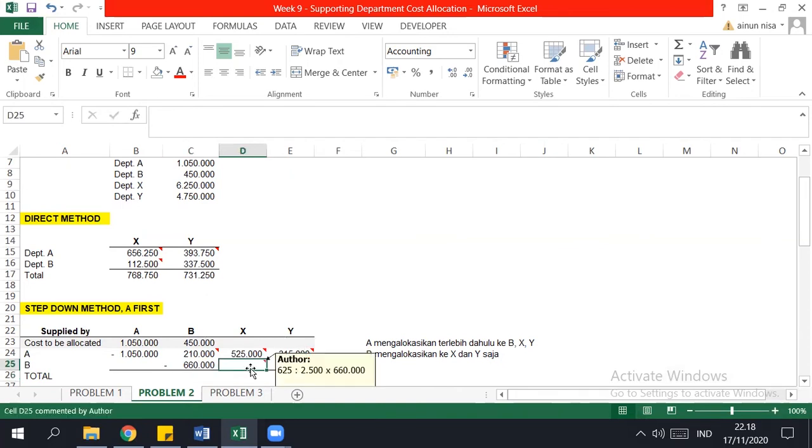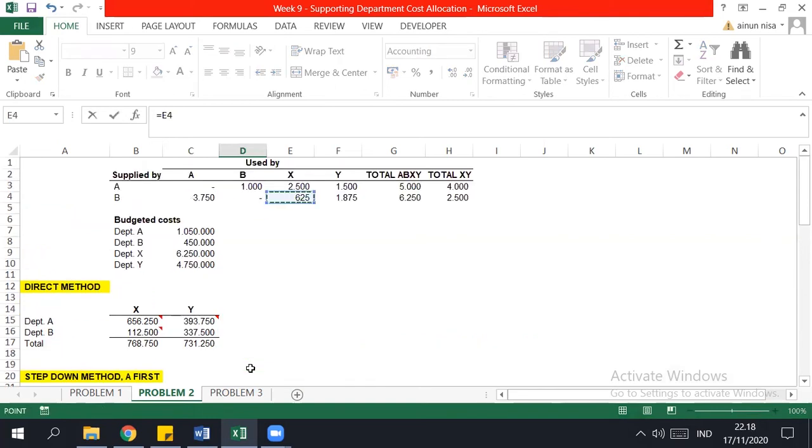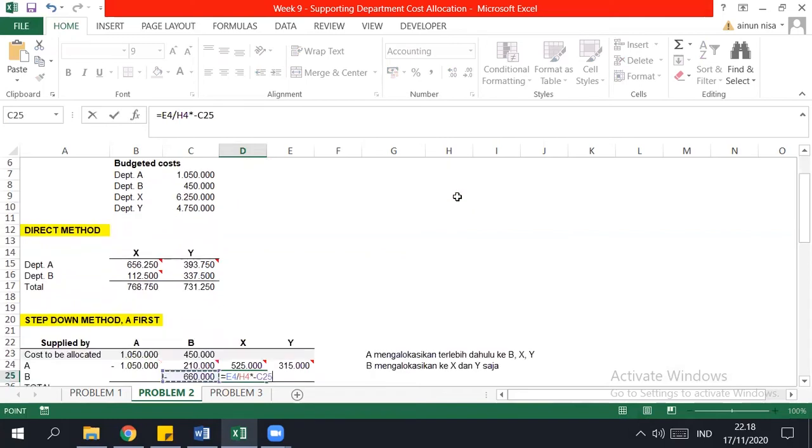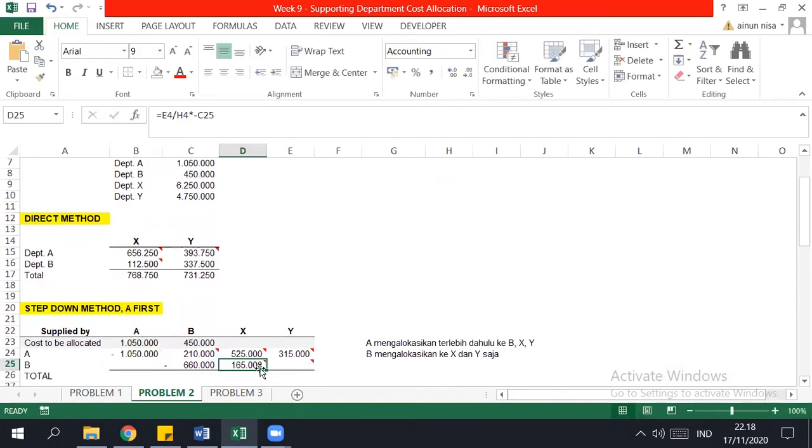For Department X, we allocate it by dividing 625 by 2,500 and then multiplying it with 660,000. Once again, to allocate the cost from Department B to Department X, we have to divide 625 by 2,500 first, and after that multiply it with the cost that we already calculated before, which is 660,000.